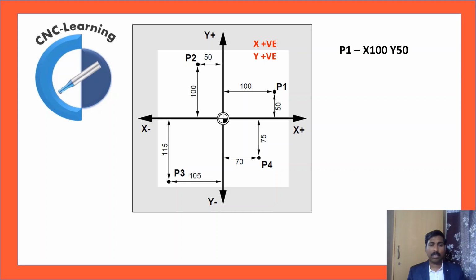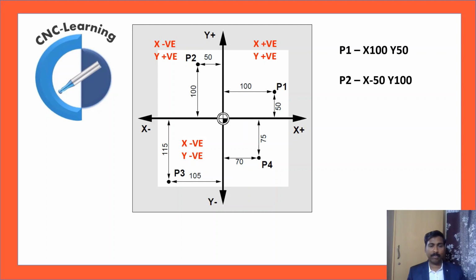If you look at the second point P2, X axis is minus 50 and Y axis is plus 100. In this quadrant, X is minus and Y is positive. So P2 is X minus 50, Y 100. Now if you look at this third quadrant, X will be minus and Y also will be minus.